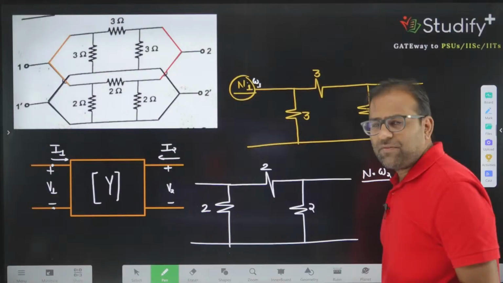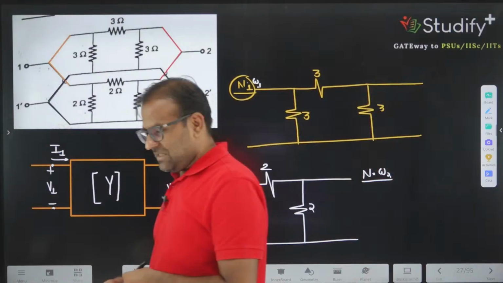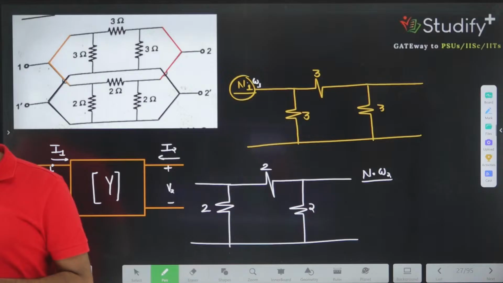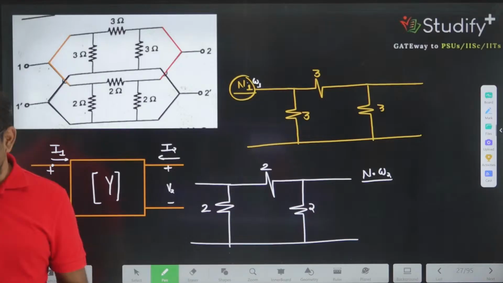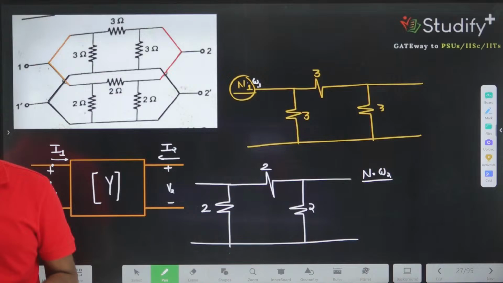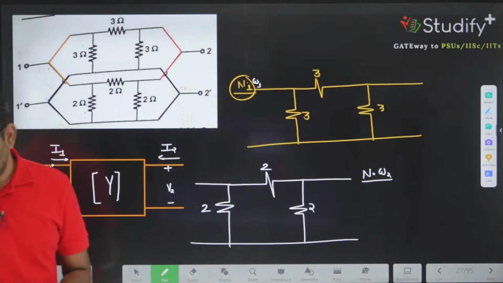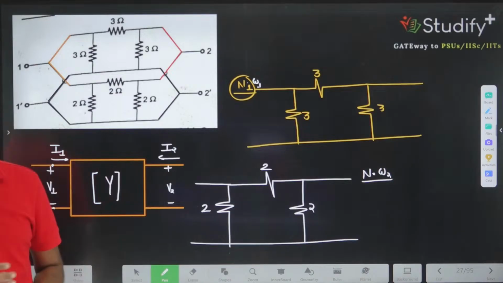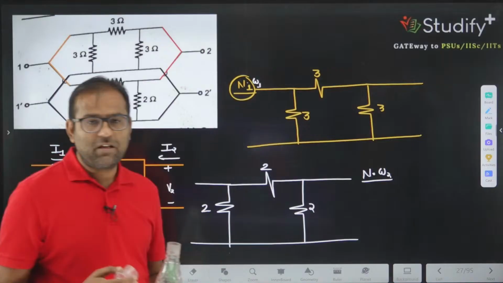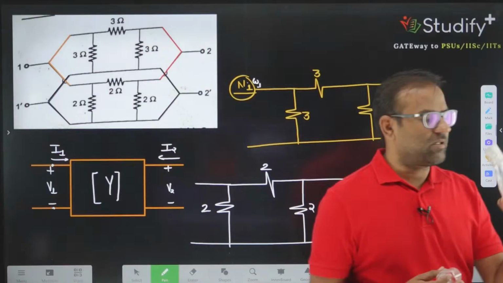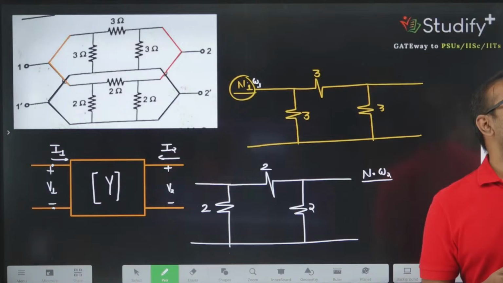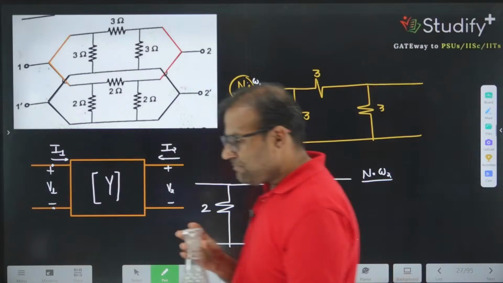As we know that if delta connection is given, we can find very easily. If delta connection is given, we can very easily find the Y parameter. And what those Y parameters are?